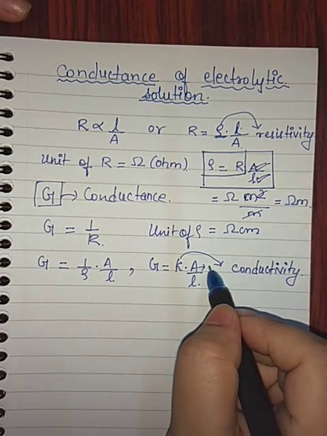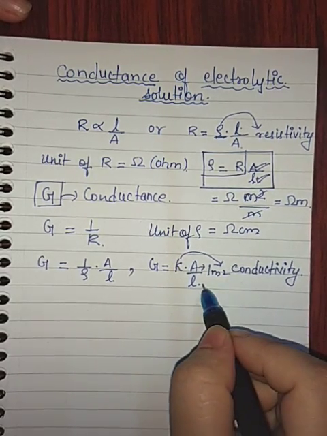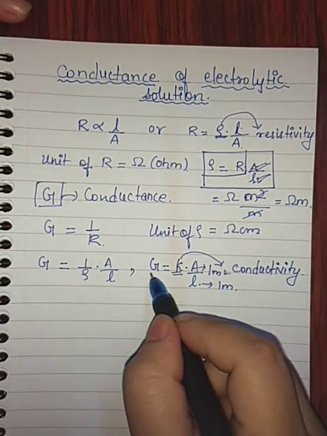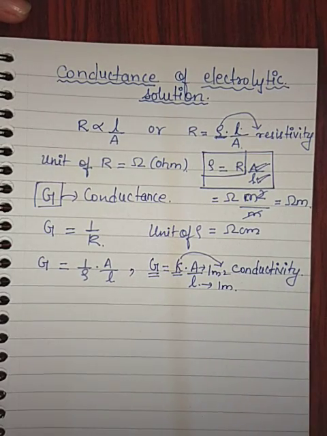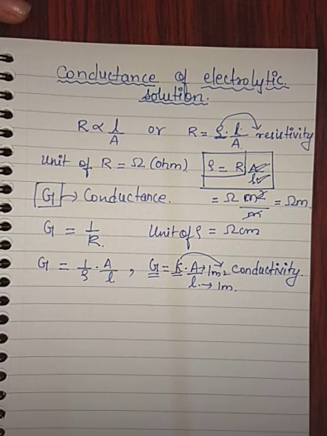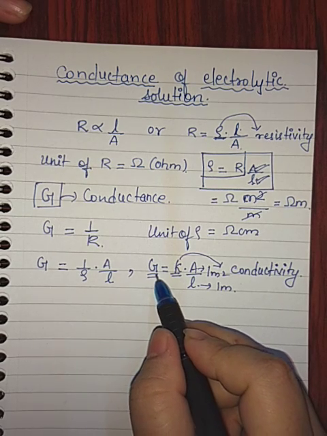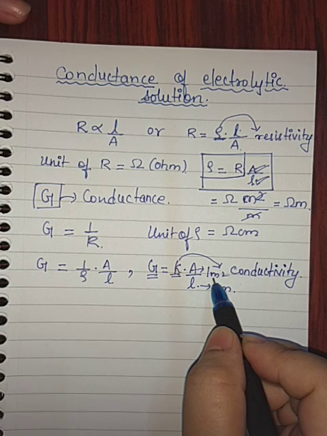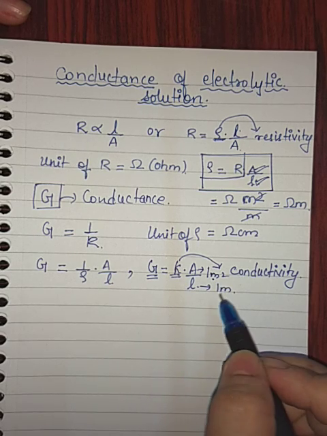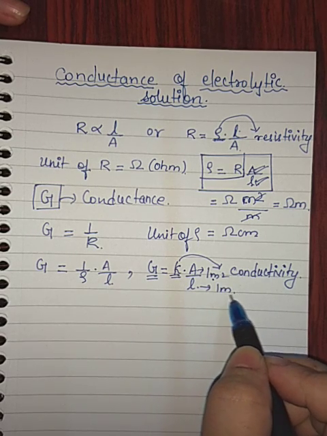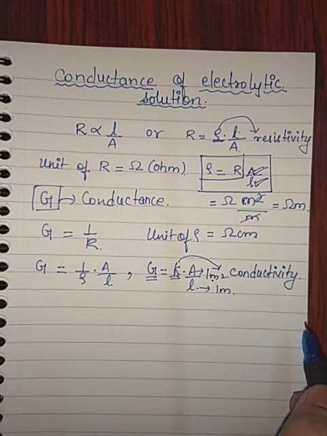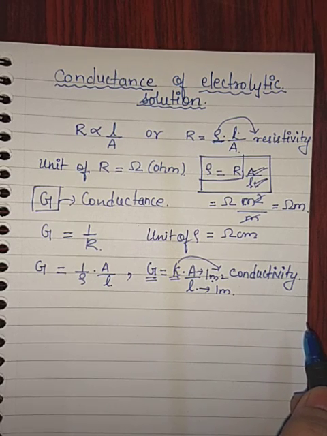When you take area of cross section to be 1 meter square and length to be 1 meter, then kappa is equal to G. So we can say that conductance is equal to conductivity when the area of cross section is 1 meter square and length of the wire is 1 meter. Okay, let us move on to the unit.